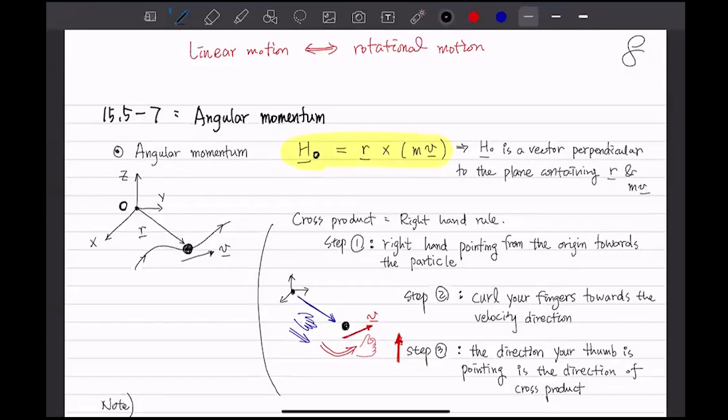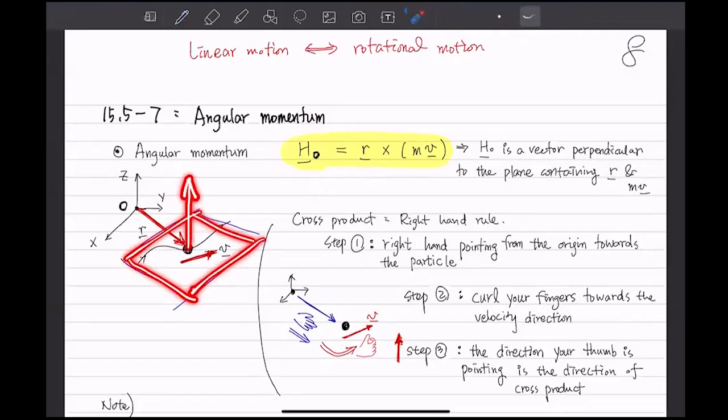If we draw that on a surface, say there was a surface like this, that surface contains both the position vector and your velocity, okay? And then this angular momentum is going to be a vector vertical to this surface, okay?